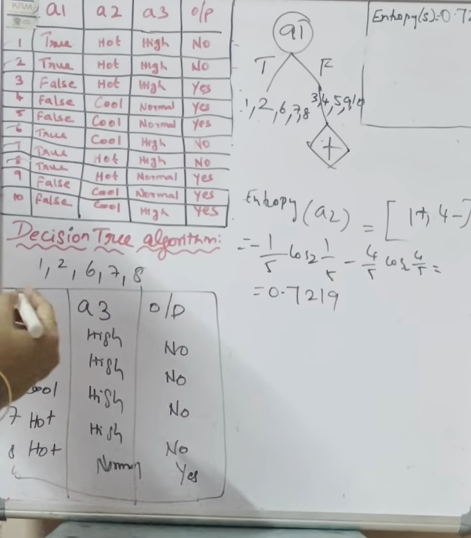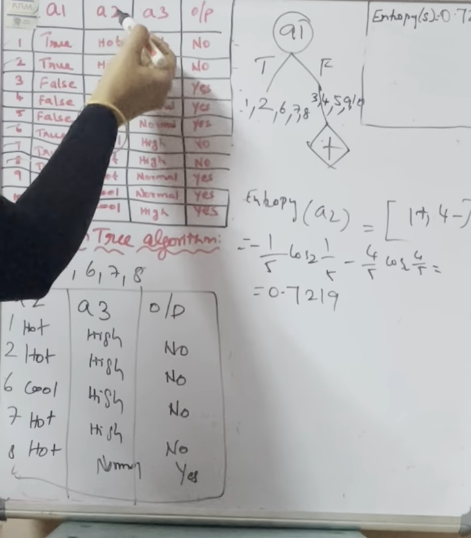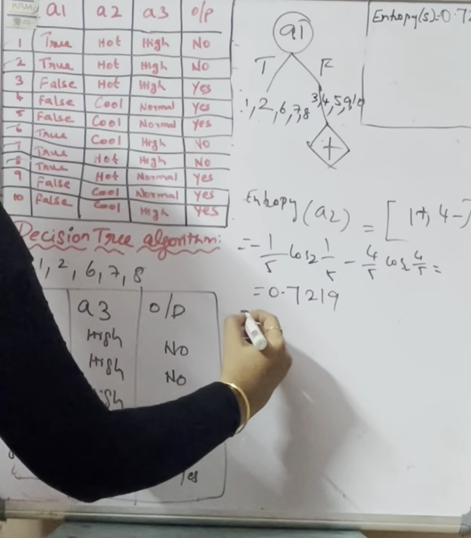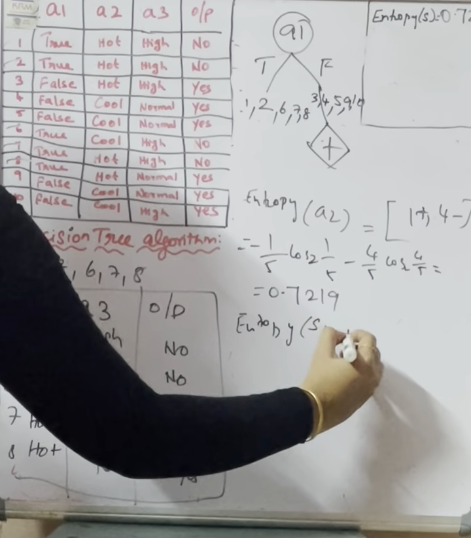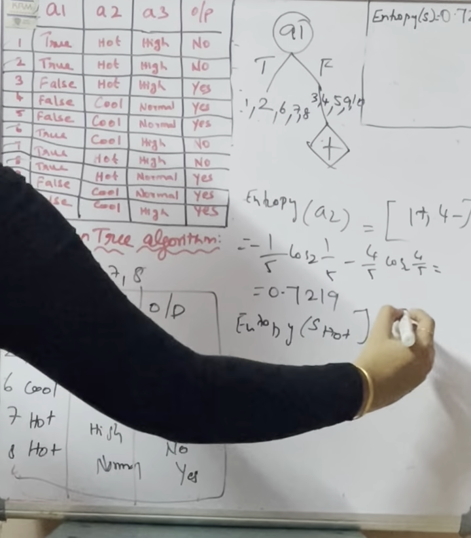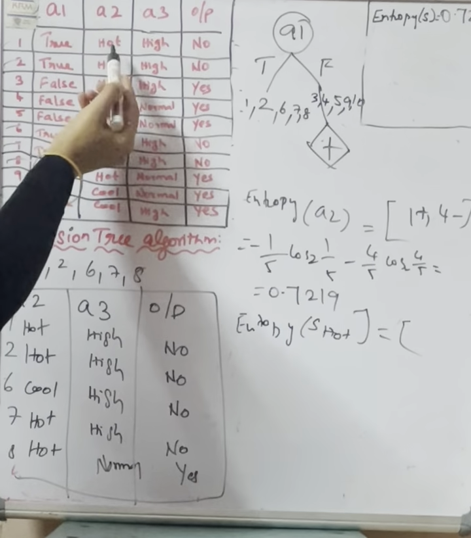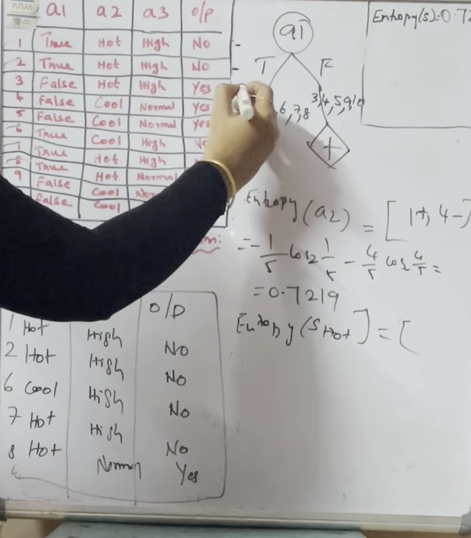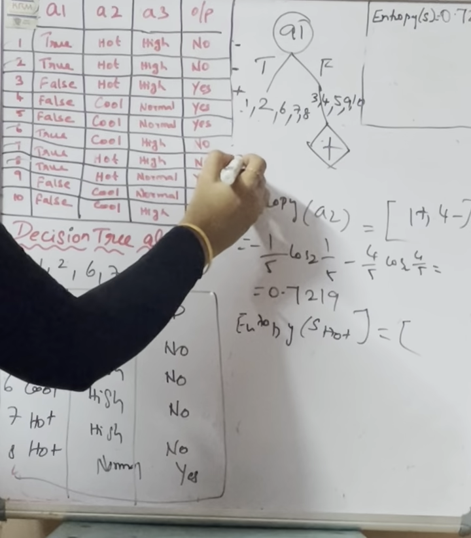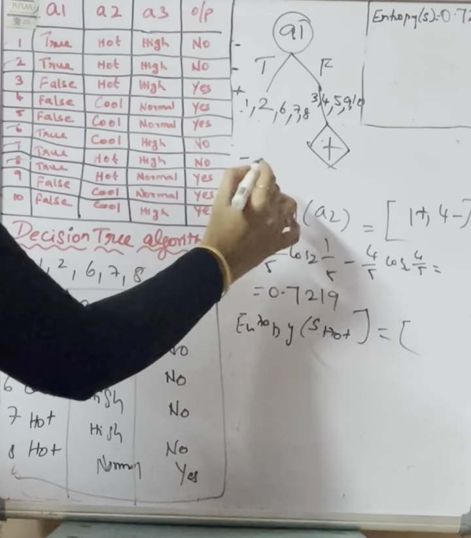0.7219. So how many values do you have in A2? Hot and cool. We have to calculate the entropy of hot. Yes, hot. So check how many values are positive in hot. So we have hot here as no, no, yes, and then here it is no, yes.